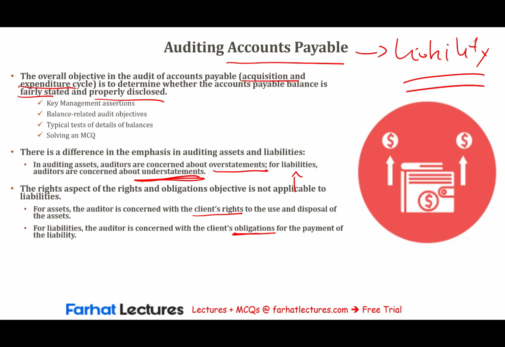If you show it, I'm not going to question whether you have it or not, because no one's going to record the liability if they don't owe it. So if the client has no obligation to pay a liability, it should not be included. I'm not concerned with that. But the risk is you have an obligation, but it's not included. But once it's included, I don't have to worry about its right.